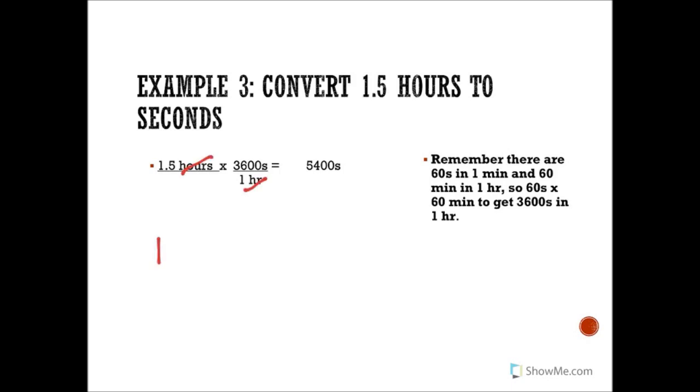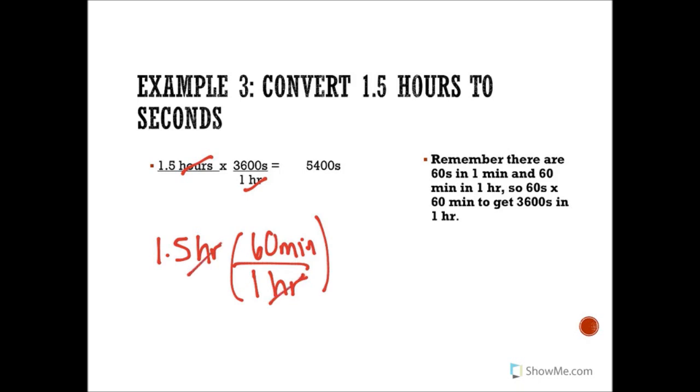Or we can break this down a little bit further. 1.5 hours, and we know in 1 hour, so I put that on the bottom because I want those to cancel off, we have 60 minutes.